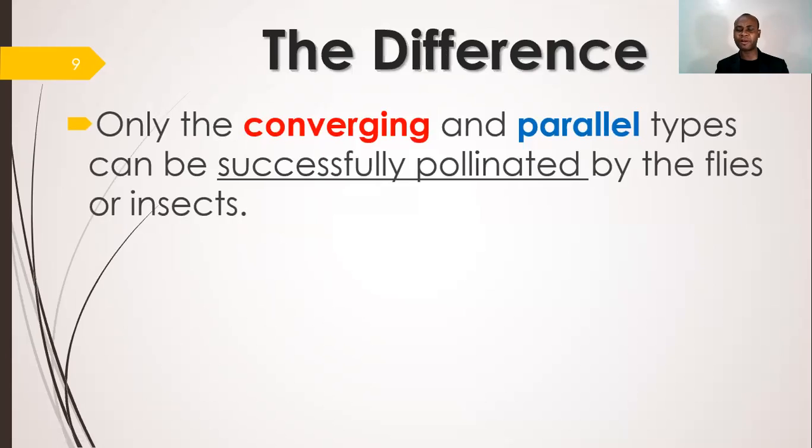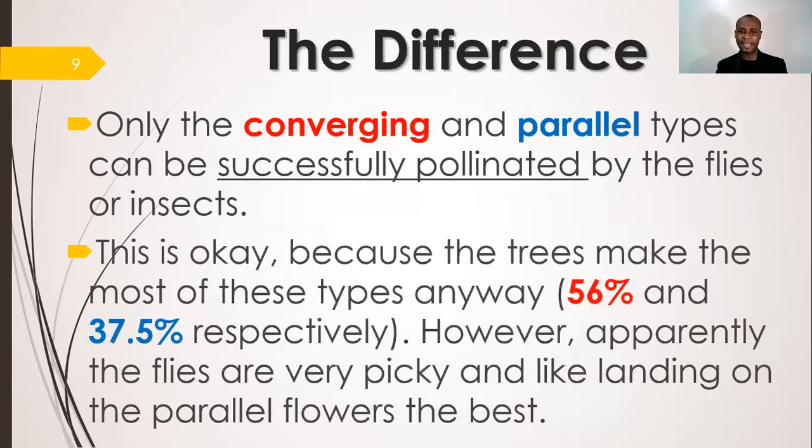Which means that for the splayed or the divergent flowers, it's really hard for pollination to take place.